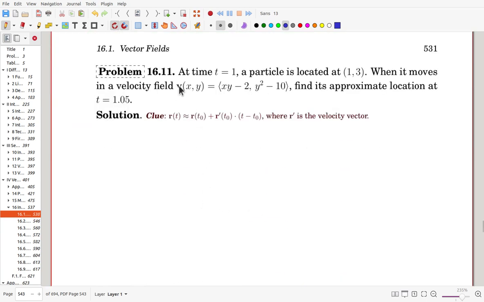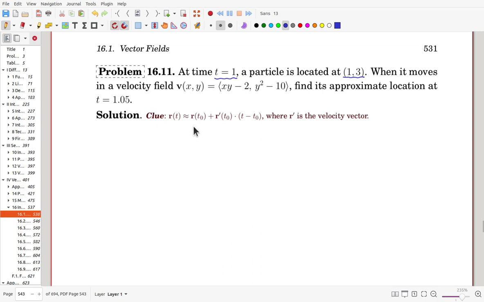Let's see the problem. At time t is 1, a particle is located at 1, 3. When time is 1, the xy position is 1 and 3. It moves in a vector field, v of xy, given in this way. Find its approximate location at t is 1.05, 0.05 seconds later.